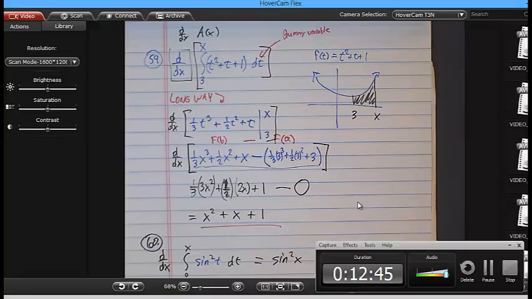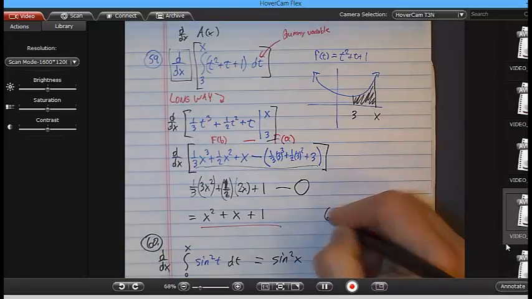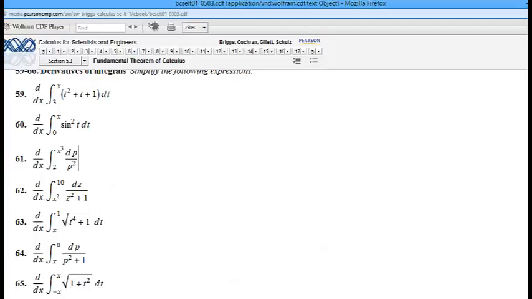So 64, let me put it up there again. We want to find the derivative of the area function from x to 0 of dp over p squared plus 1.